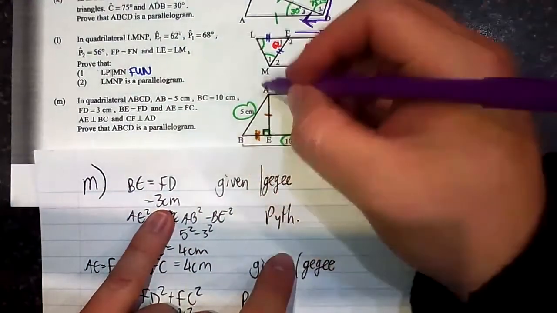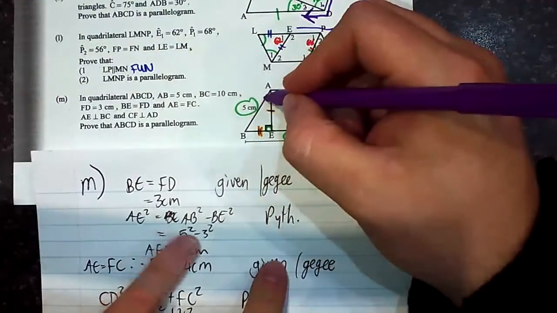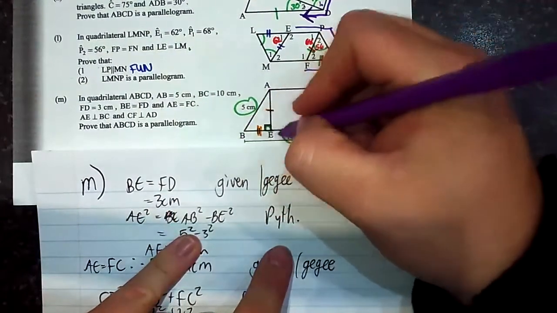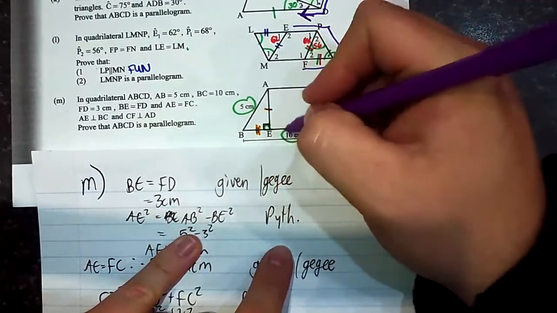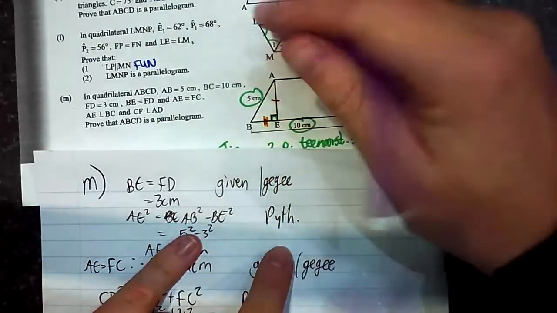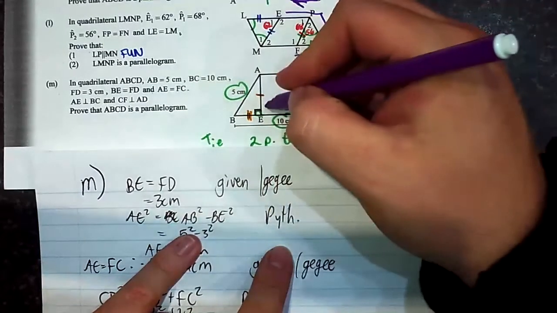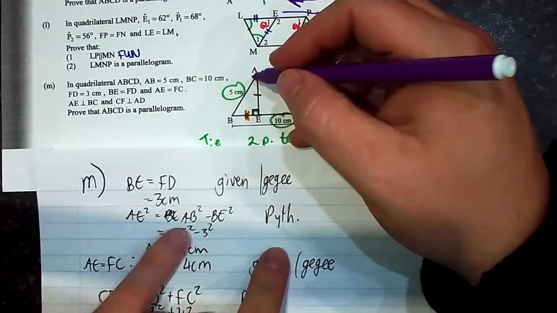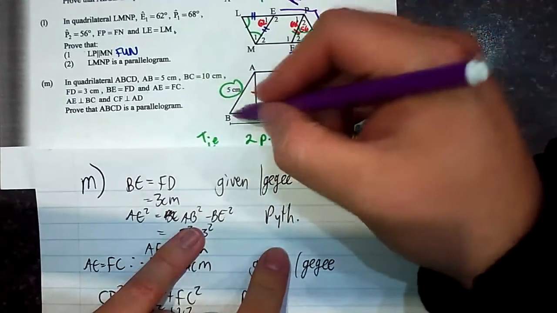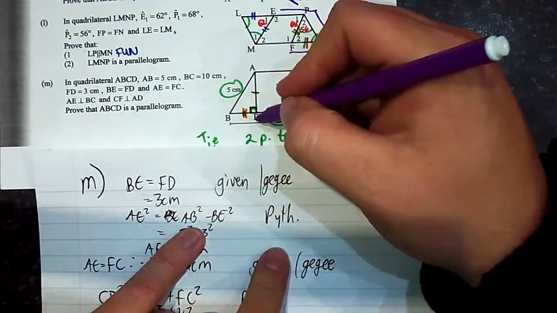So now we can say AB squared is equal to BE squared plus AE squared. Or taking it over, we want AE squared. So we have hypotenuse squared, AB squared, minus that small side squared, BE squared.